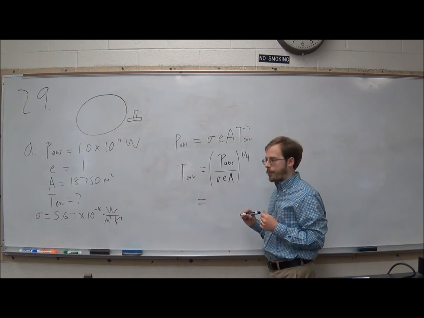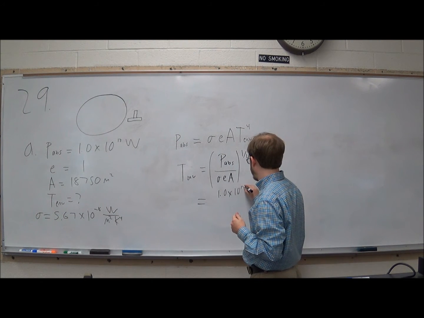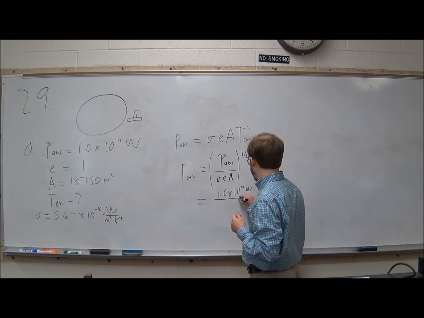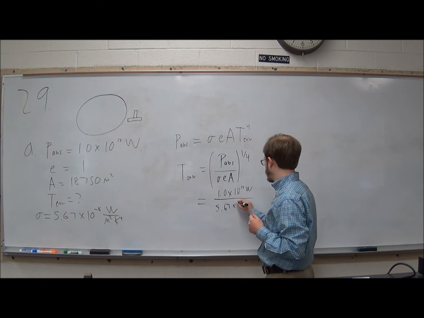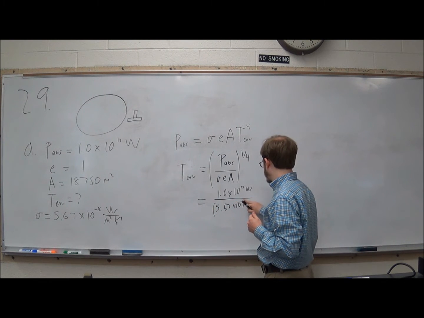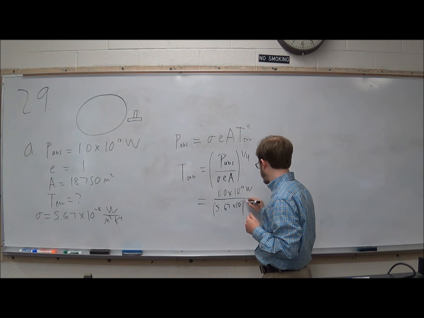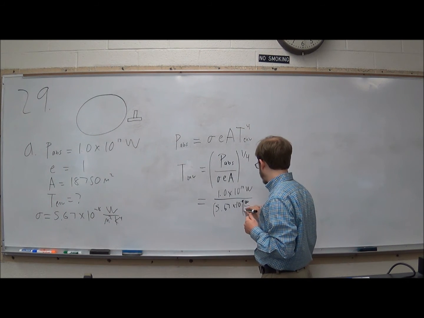So let's plug in our numbers. 1.0 times 10 to the 13 watts divided by 5.67 times 10 to the negative 8 watts per meter squared Kelvin to the fourth.